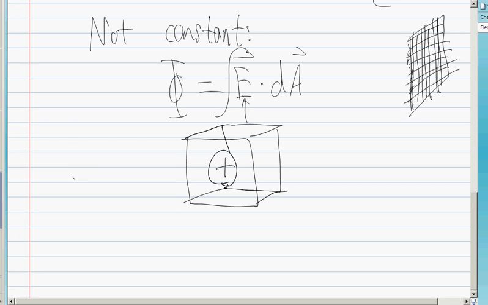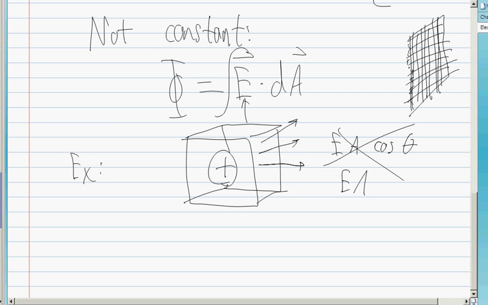Now for this example, it's not going to be possible to do EA cosine theta because the field lines here and here and here won't be in the same direction. Since they're clearly not parallel, we're not going to use EA.